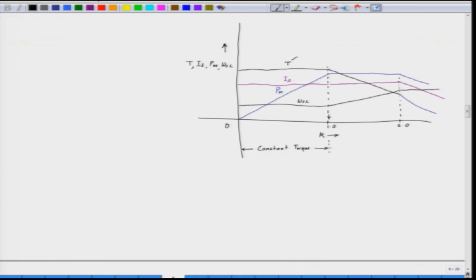From 1 to 2, we call this a constant power region, because the power remains constant. In this case, the power is constant for this region, and beyond 2, we call this region the constant slip frequency region, constant slip speed region.